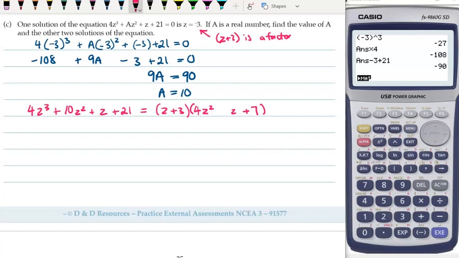Okay, now we just need to work out what goes in place of the z. For that we can either look at the z terms or we can look at the z squares. I'm going to look at how to make a z. So to make a z we would do z times the 7 here, and we would do 3 times whatever goes in this z here and add them together. So we would have 7z plus something z has to be equal to 1z over here.